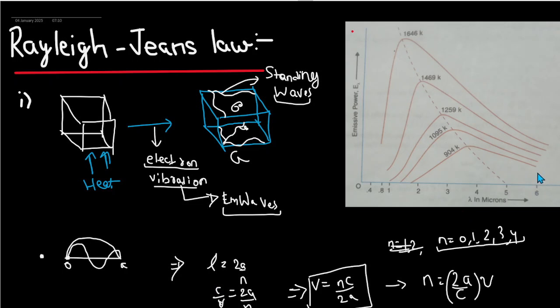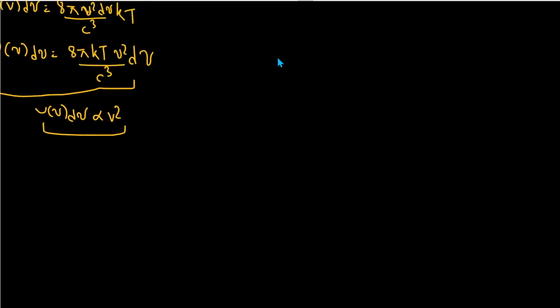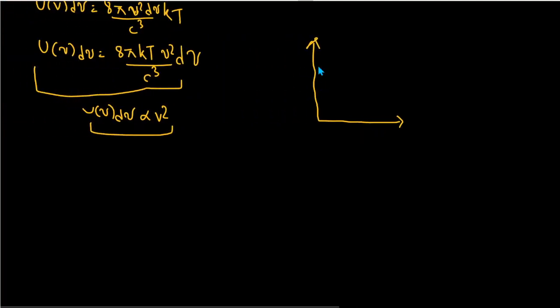Because it's directly proportional to ν², if I make the emissive power and wavelength graph, no, this is a wavelength graph. So for this, I'm going to draw the frequency graph. Let's say here is U_ν, the energy density, and here is the frequency.